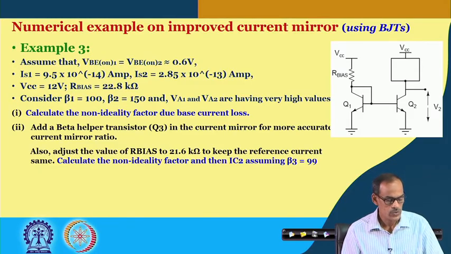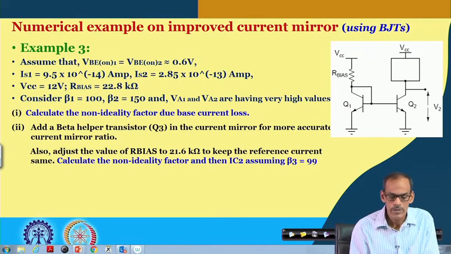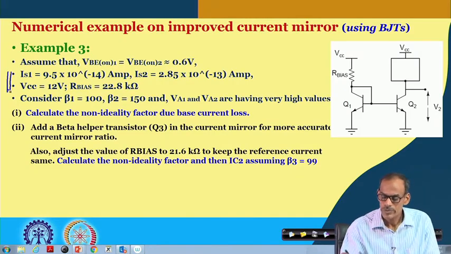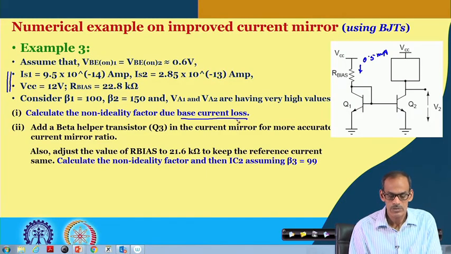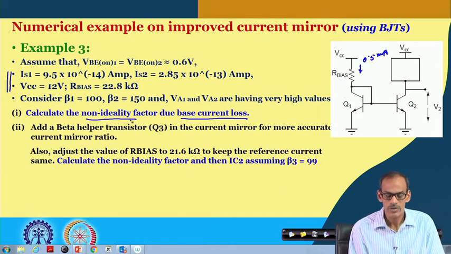It is more like a continuation of the previous problem, namely we are retaining the parameters here. The current flow here is 0.5 milliampere, and we have calculated the non-ideality factor due to the base current loss.